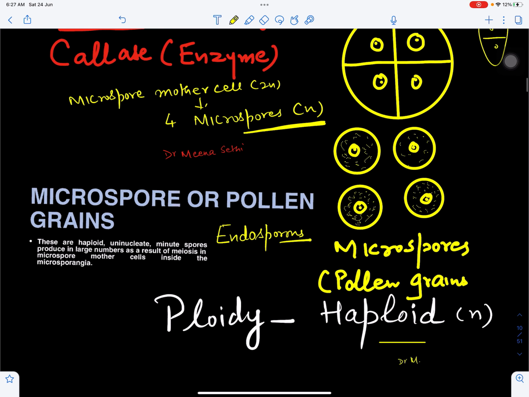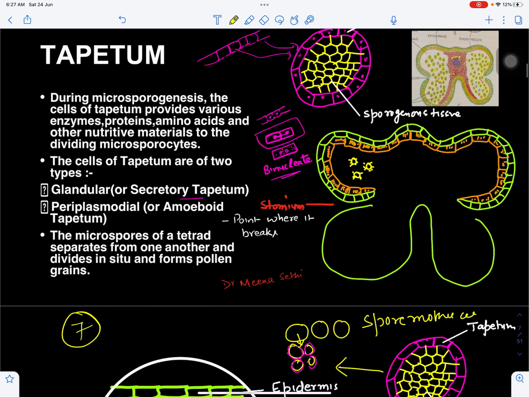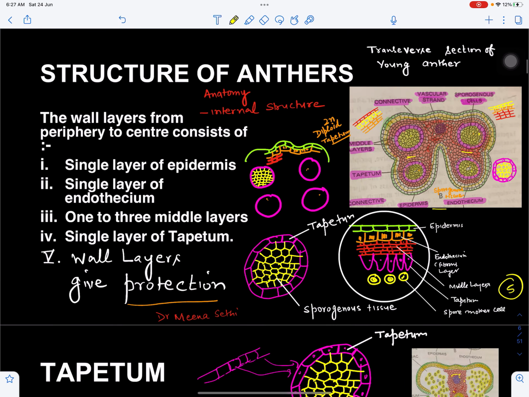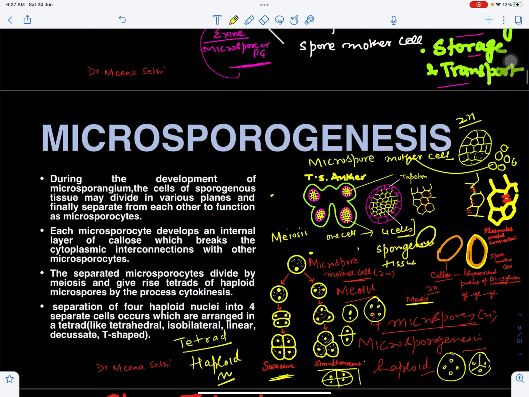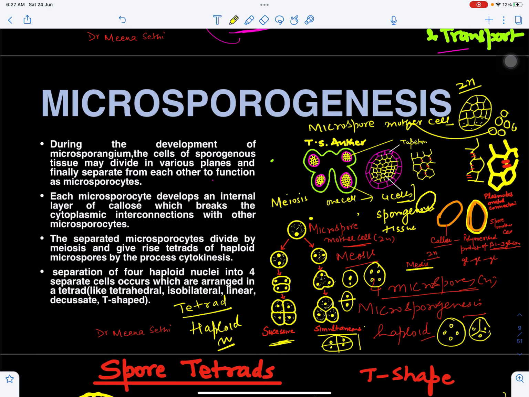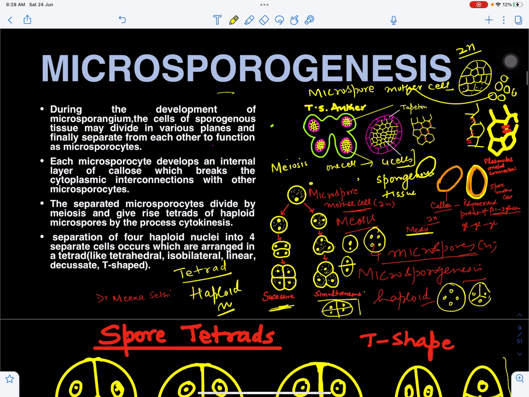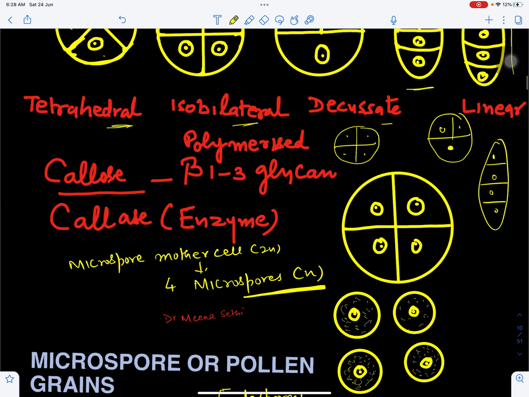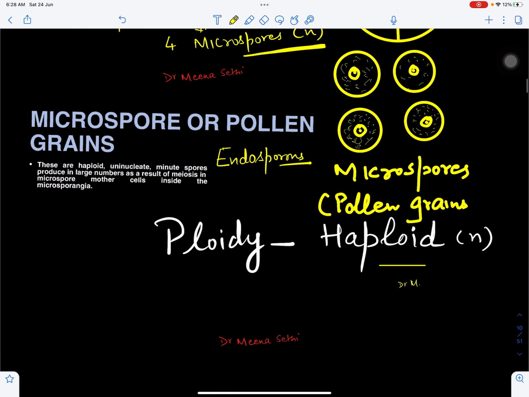So we have discussed the structure of the young anther. Stamens are the male reproductive organs of the flower. Then we discussed in detail microsporogenesis, that is, a microspore mother cell has given rise to the spores or pollen grains, and their arrangement is different. They are haploid in genetic constitution.